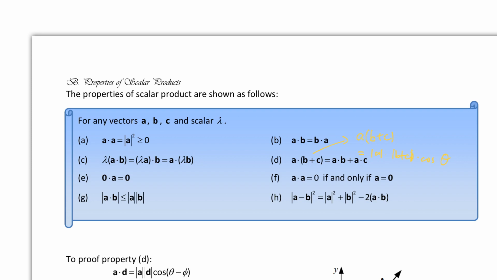But this is equal to magnitude A times magnitude B times cosine phi, where phi is the angle between A and B, plus magnitude A times magnitude C times cosine alpha, where alpha is the angle between A and C. This result is marvelous.